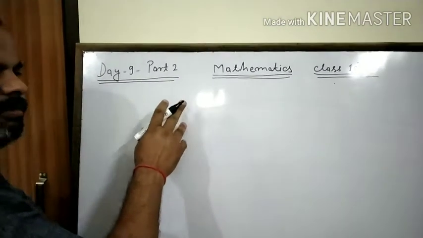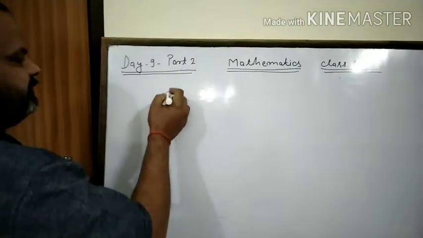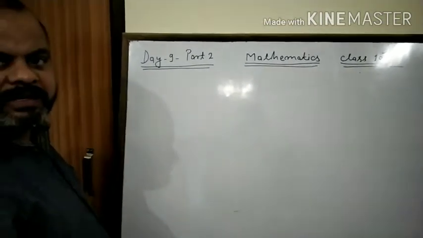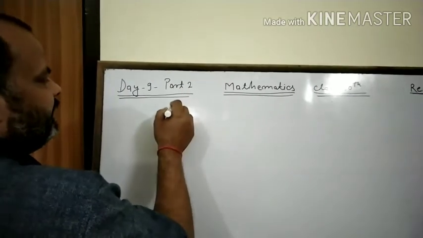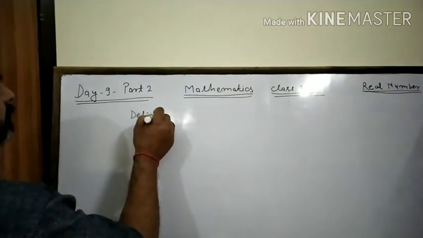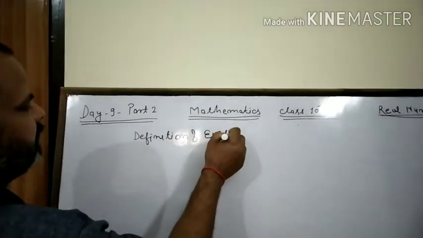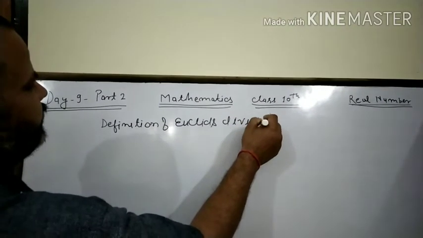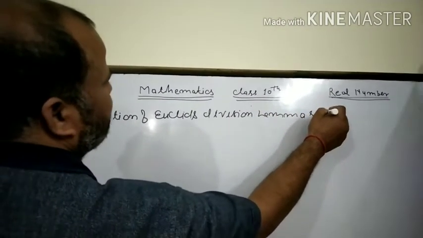From this chapter, questions are asked for 1 mark, 2 marks and maximum 3 marks. The first is the MCQ type question, a lot of questions regarding the definition of Euclid division lemma and algorithm.